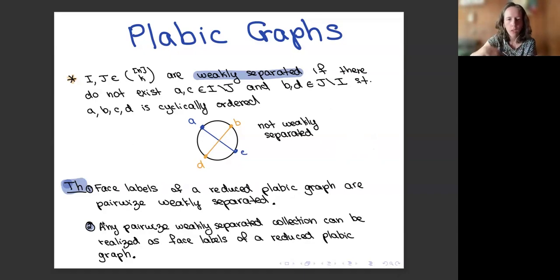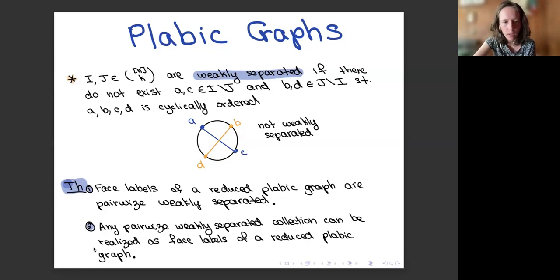And then there is the following theorem by Postnikov and Speyer, which says that the face labels of a reduced plabic graph are pairwise weakly separated. So if I take two face labels of a plabic graph, they will satisfy this weak separation condition for every pair.